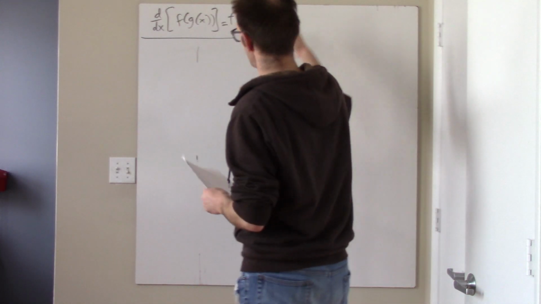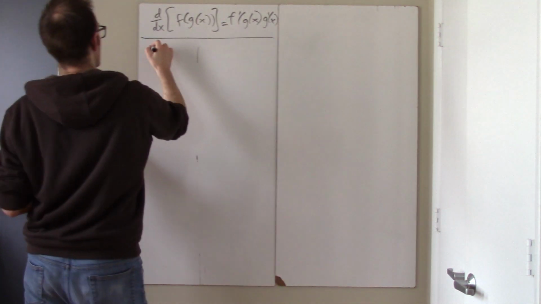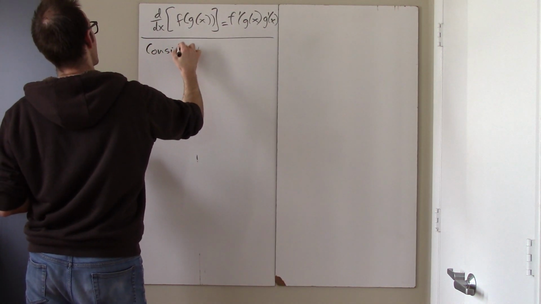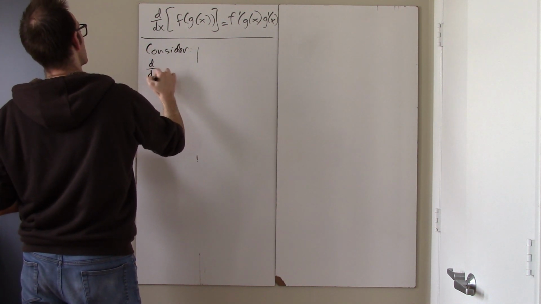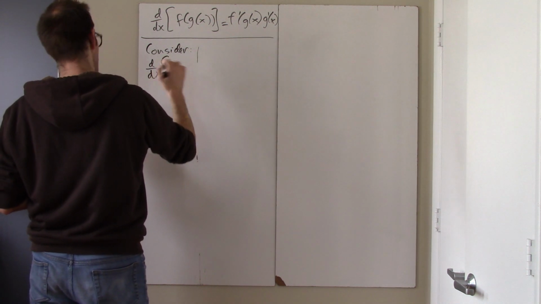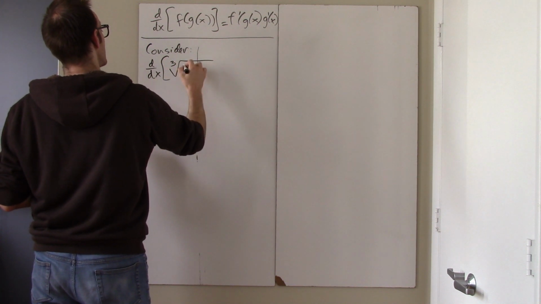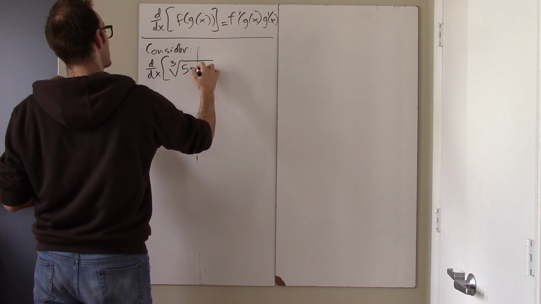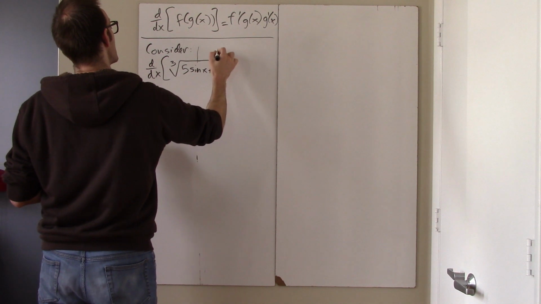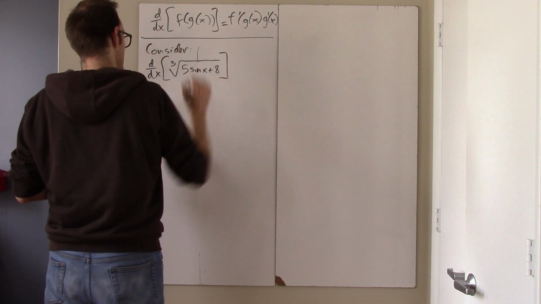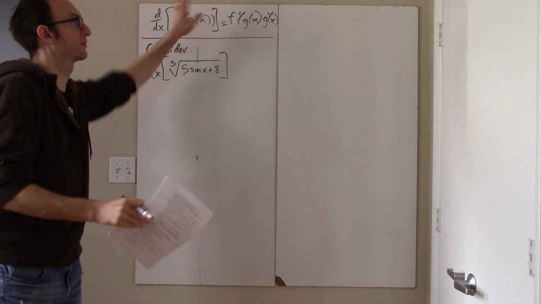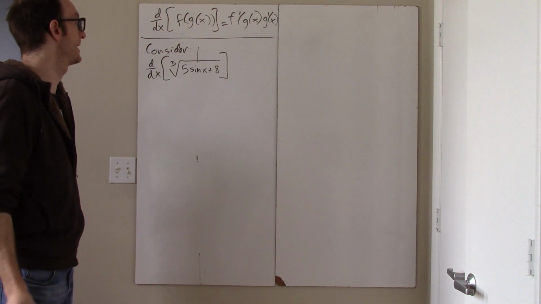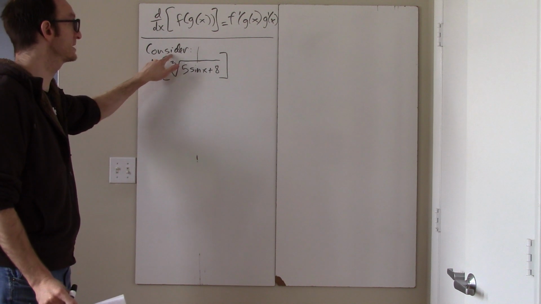Let's consider the following derivative. Suppose that we want to take the derivative of the cube root of 5 sine x plus 8. There's this formula, the chain rule, which will enable us to do this.